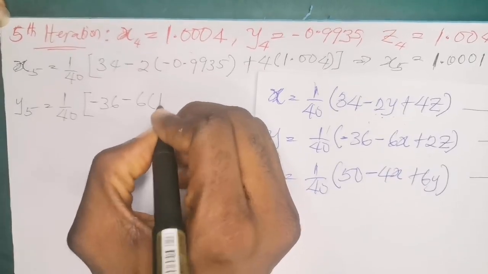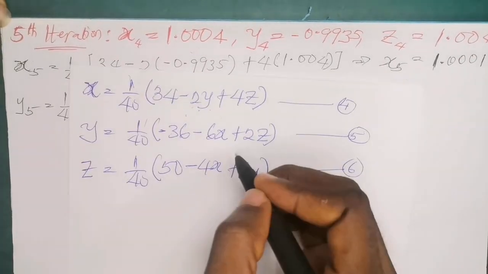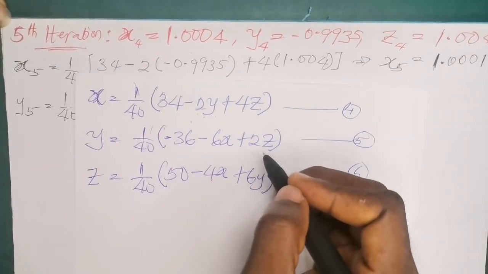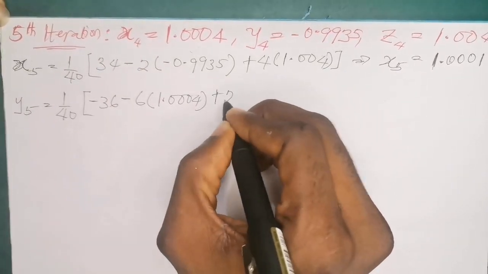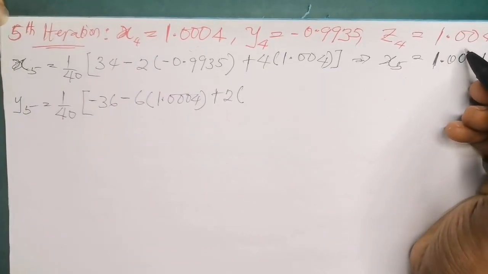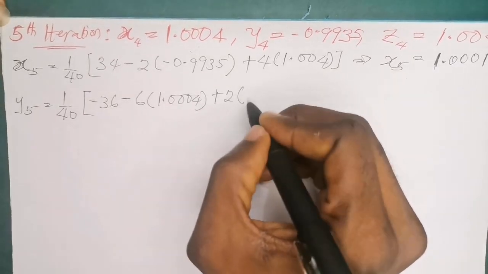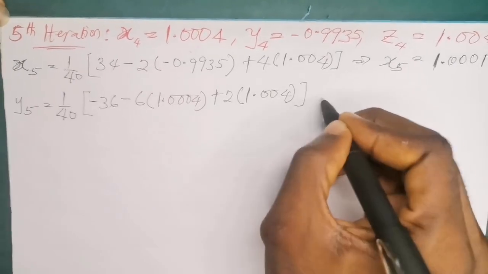So 6 times 1.0004. Again, I have plus 2z. z now becomes z4. So this is going to be plus 2 times z4. We obtained z4 to be 1.0040. So this is 2 times 1.004. So let's see what this gives us.